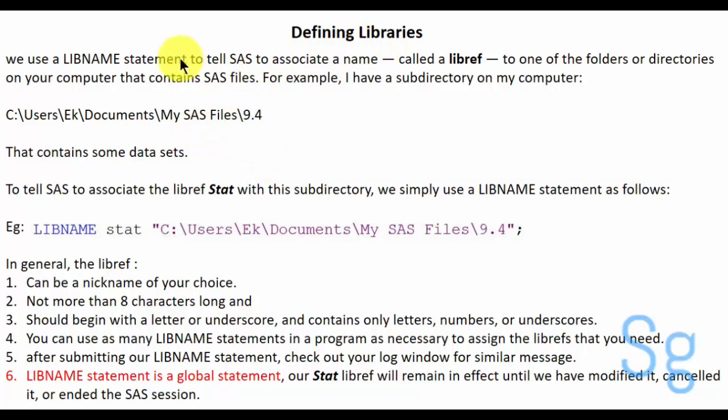Defining libraries. We use a libname statement to tell SAS to associate a name called a libref to one of the folders or directories on your computer that contains SAS files. For example, I have a subway directory on my computer. See, this is the link that contains some datasets.